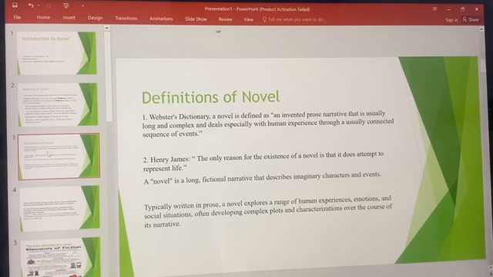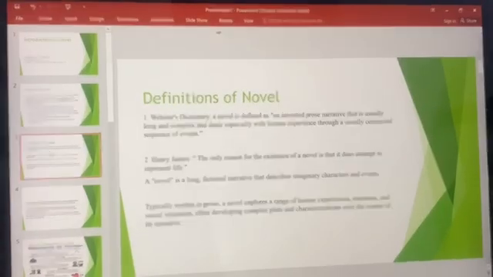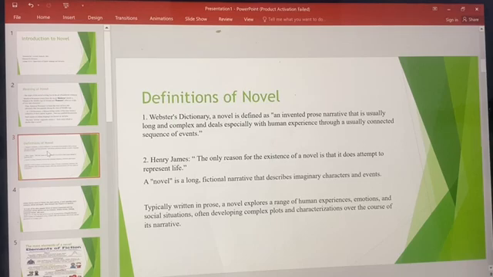According to Henry James, the only reason for the existence of a novel is that it does attempt to represent life. Okay, a novel is a long fictional narrative that describes imaginary characters and events.